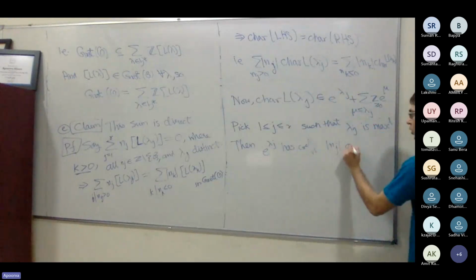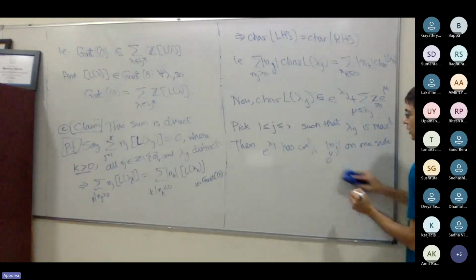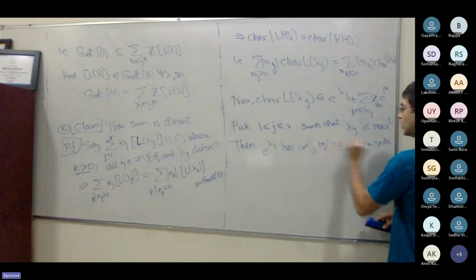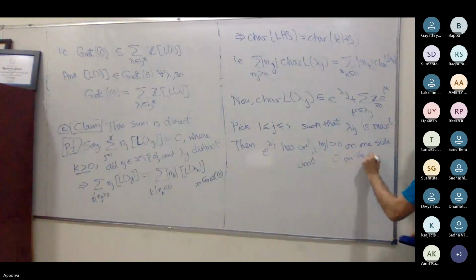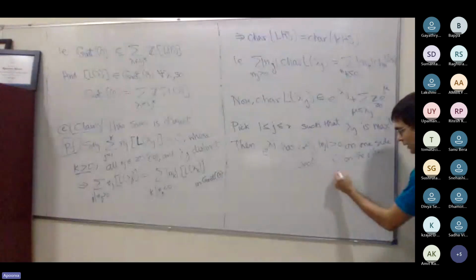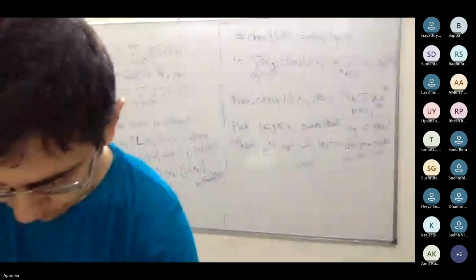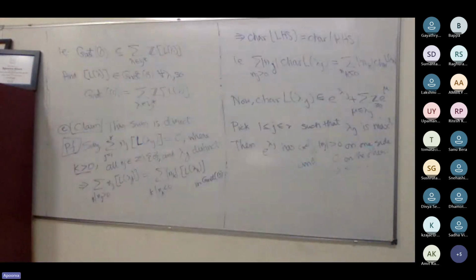It has coefficient mod nj on one side, which is bigger than 0, and 0 on the other side. This gives you a contradiction, and therefore the sum is direct. Okay.